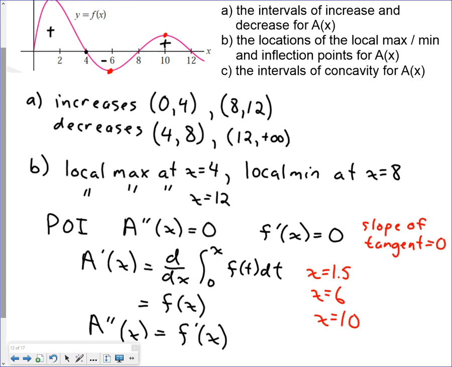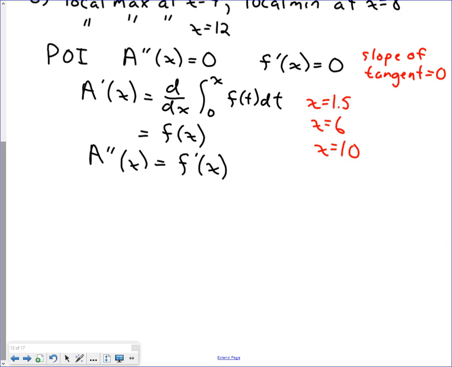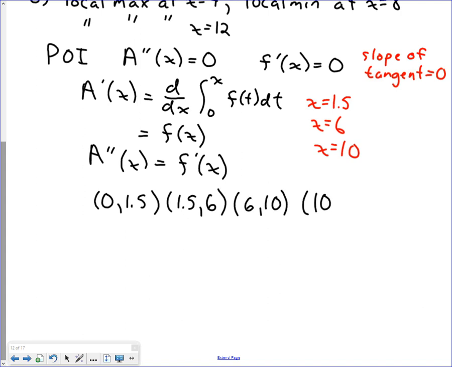Part C asks about the intervals of concavity. So we can use those points of inflection that we just calculated to set up a concavity table. So we're going to have intervals from 0 to 1.5, 1.5 to 6, 6 to 10, and then 10 to 12 here.